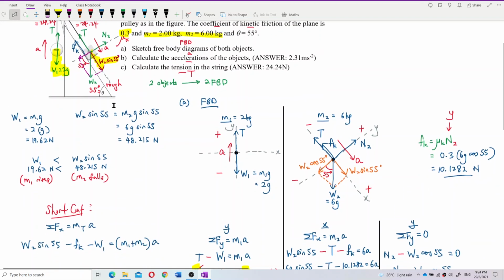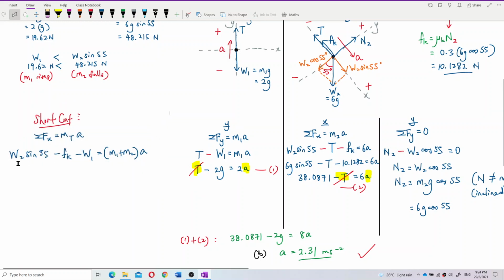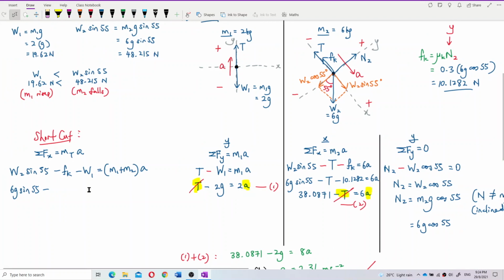Maybe we can try and see the shortcut. Weight 2 is 6g, so put 6g sine 55. And then the friction, we need to do the y component.